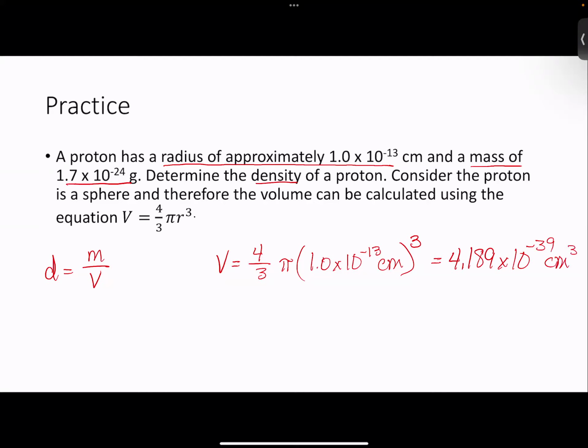So now we can plug it into our density equation. So that would be 1.7 times 10 to the minus 24 grams divided by 4.189 times 10 to the minus 39 centimeters cubed.